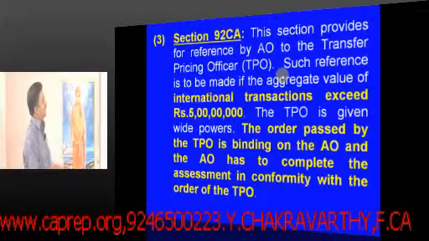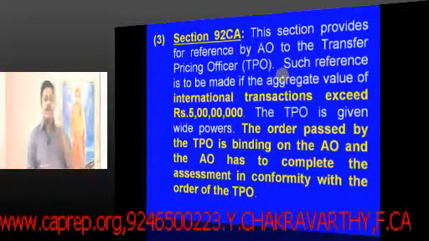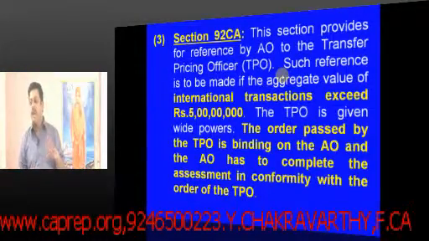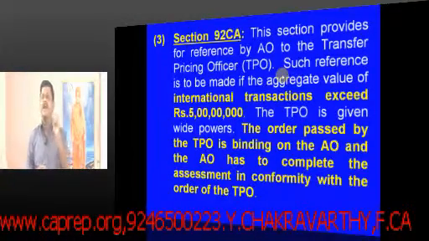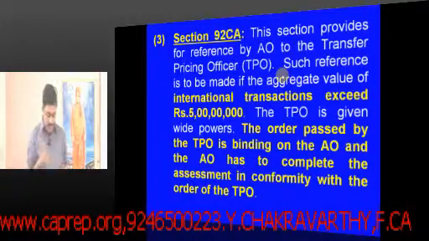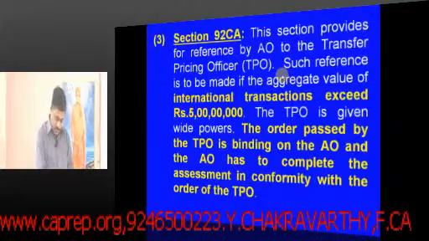This section provides for reference by the assessing officer to the transfer pricing officer. So if the aggregate of that particular transactional value exceeds 5 crores, and the assessing officer gets a doubt that it is not being done at arm's length price, then he has to refer the matter to the transfer pricing officer, is what you have to understand.